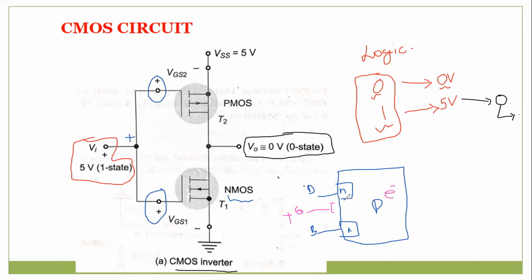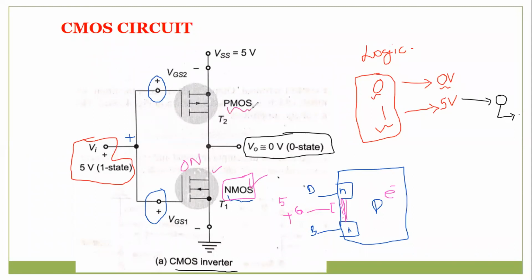Then it will create a channel. Once it creates a channel with 5 volts, it has created a path for the movement of electrons. That means this NMOS will act as an on condition. So the N channel NMOS will be on.